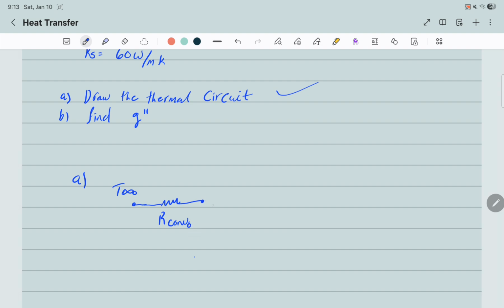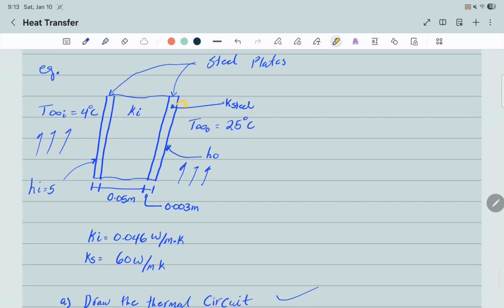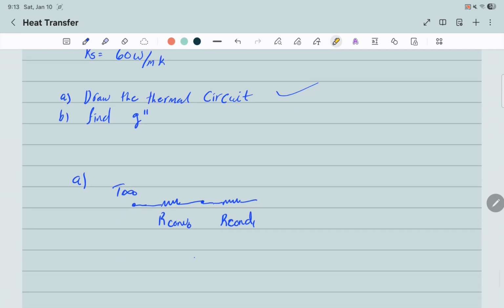It then goes, some of that temperature is also lost to the first steel plate through conduction, which is this here. Then some of that temperature is lost to the insulator through conduction. That's conduction for the insulator.